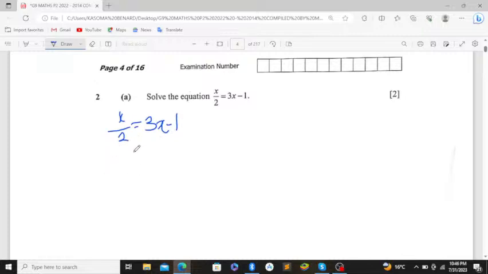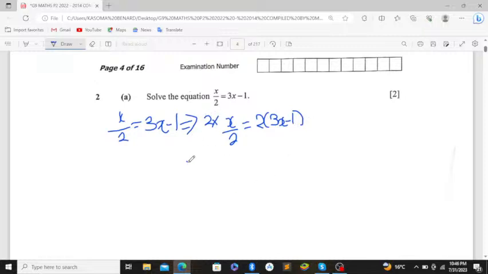So I'm going to multiply by x over 2, then is equal to 2 open bracket 3x minus 1 close bracket.